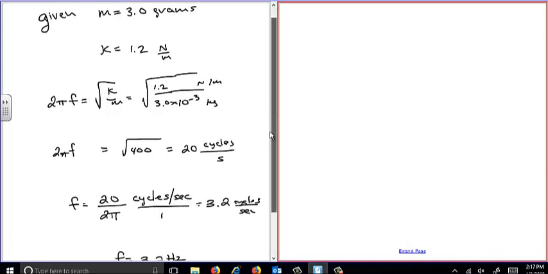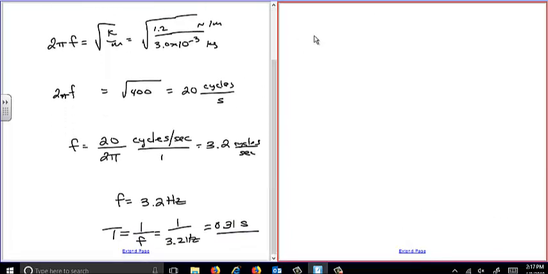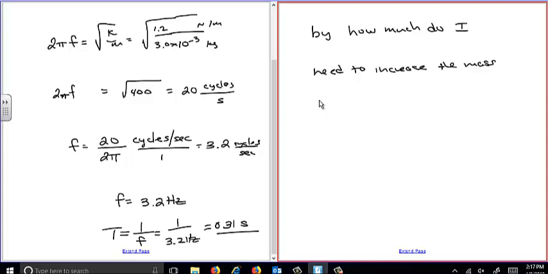Now, then I might ask the question: by how much do I need to increase the mass to increase the period to 1 second?